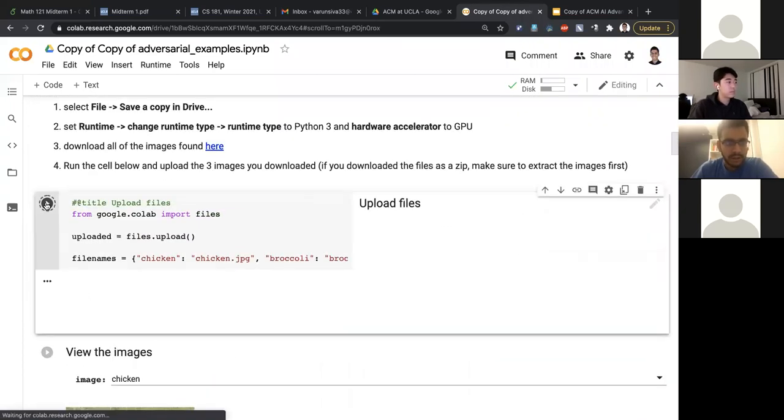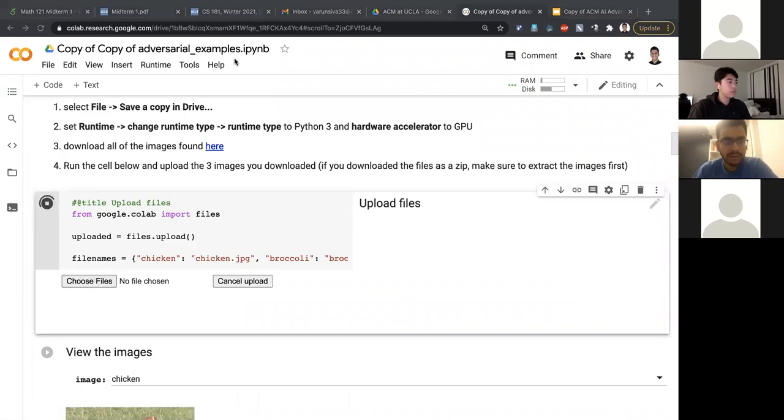Okay. Wait, I think I lost my images. Oh wait, no, never mind.